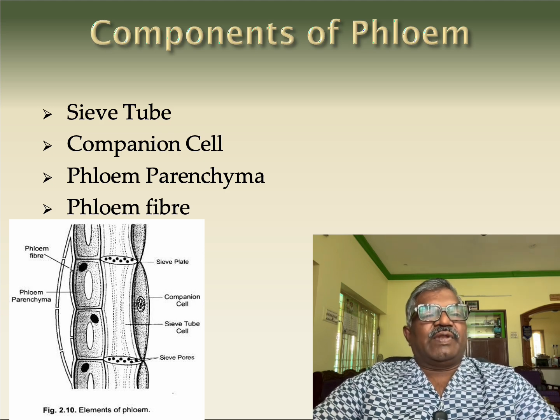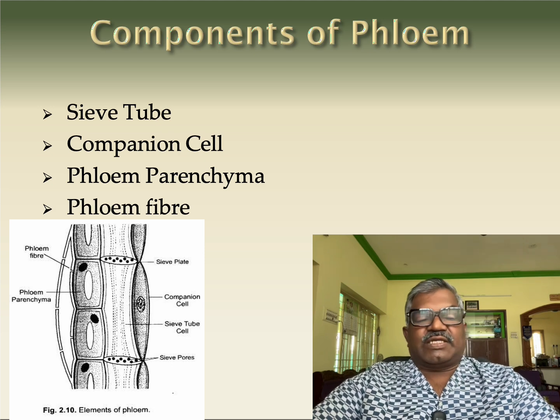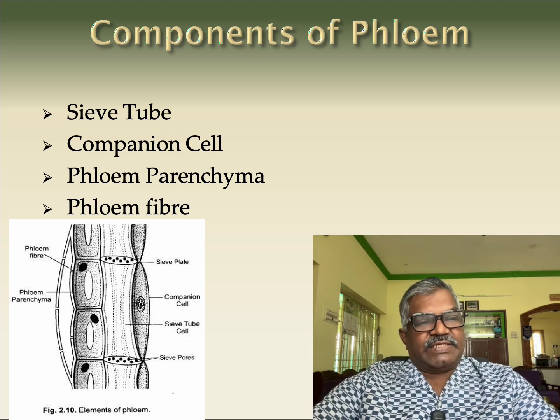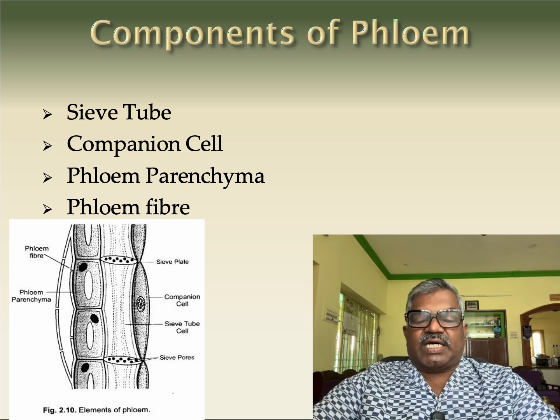Now we will see the components of phloem. There are four components of phloem: sieve tubes, companion cells, phloem parenchyma, and phloem fiber. Phloem fiber is the dead element, while sieve tubes, companion cells, and phloem parenchyma are living cells.